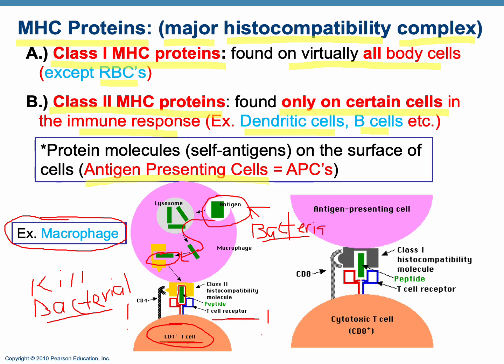In this other example over here, we have another antigen-presenting cell. And maybe in this case the foreign item, the antigen, is a cancer cell. So let's say we have a cancer cell here.